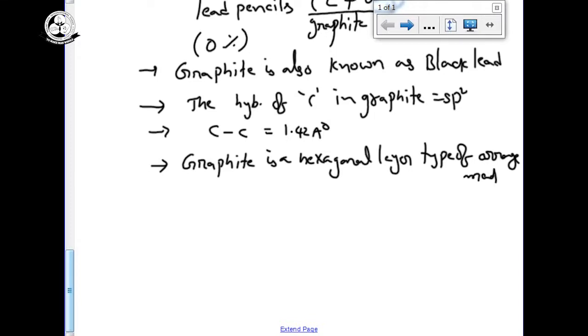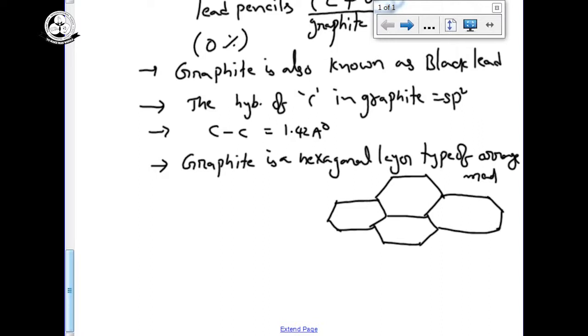Hexagonal layer type of arrangement means you can see hexagonal rings, like this.